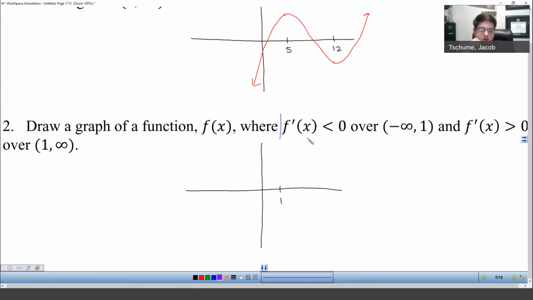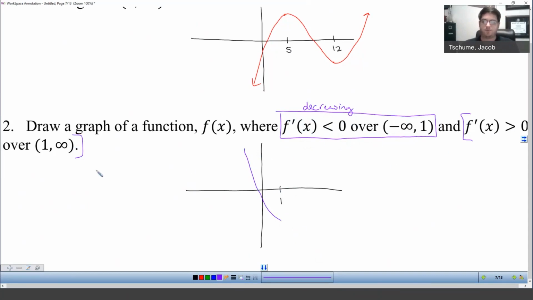Let's start with this first definition. It says the first derivative has to be less than 0. Well, from earlier, a first derivative being negative means that your interval is decreasing. So you need to be decreasing on the interval negative infinity to 1. So I'm going to decrease all the way until I get to the number 1.